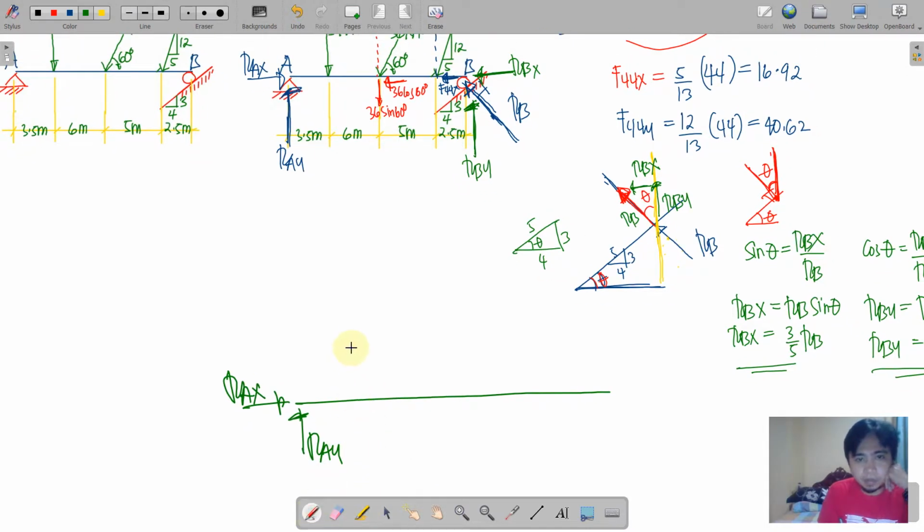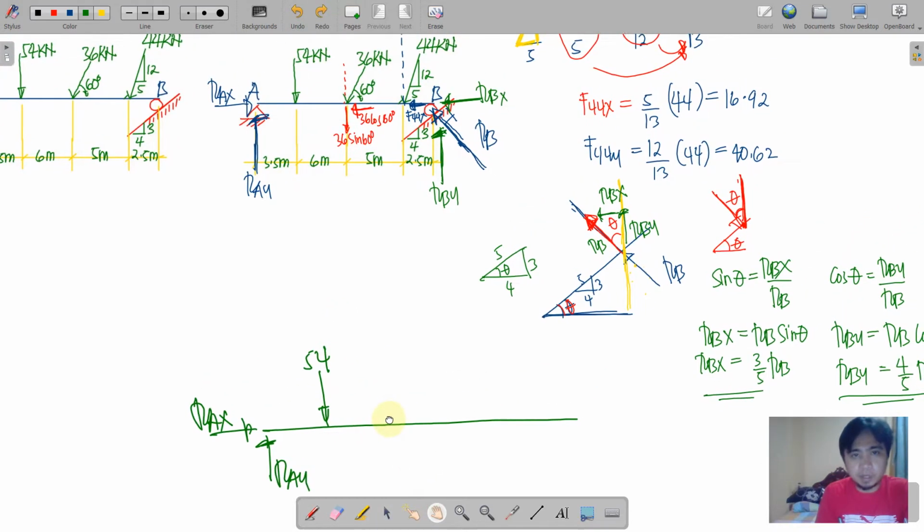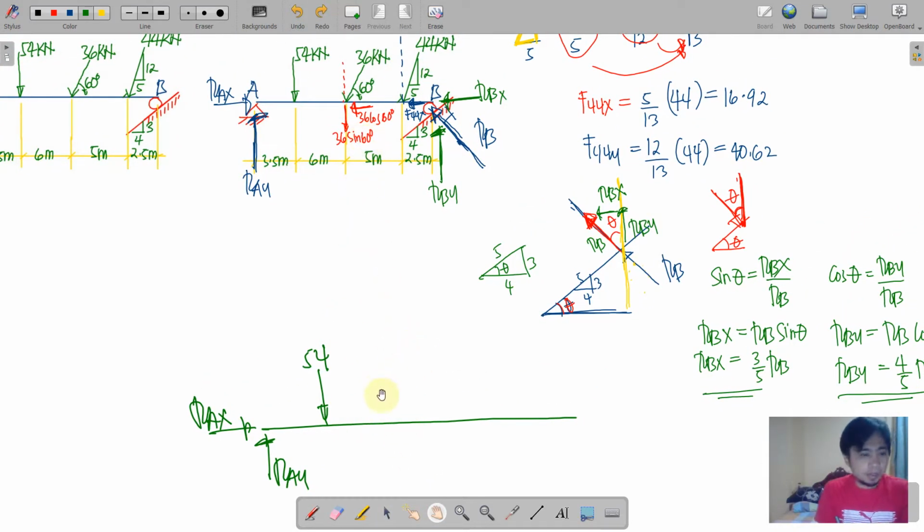Then we have here 54, and then we have here components 36 cosine of 60, 18.